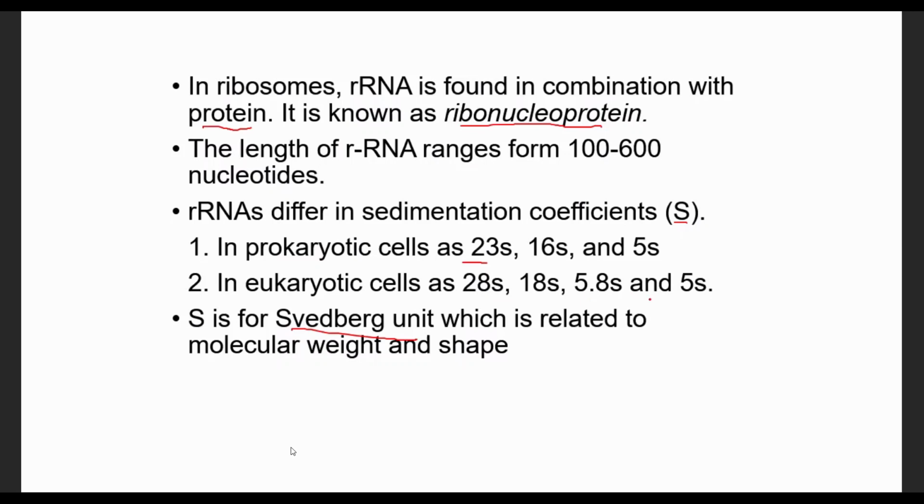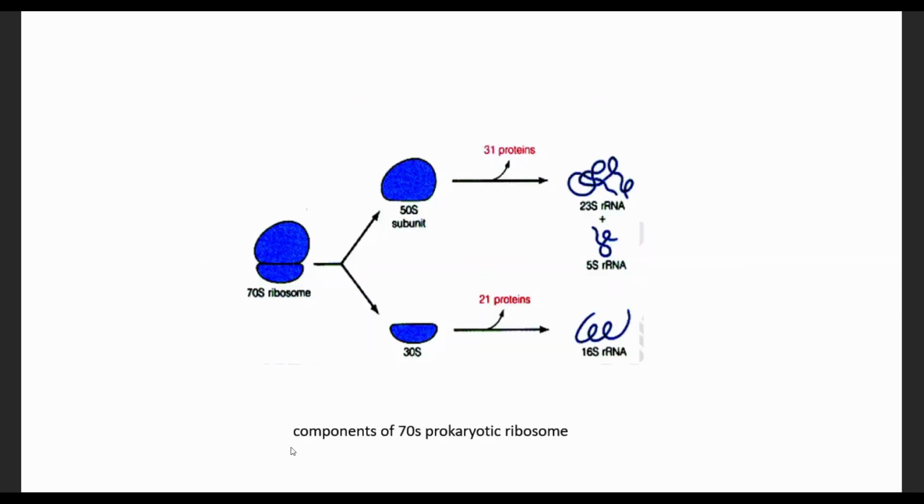The 70S ribosome is the prokaryotic ribosome. But in our case, in the eukaryotic cell, there is the 80S ribosome. It has larger and smaller subunits. In the prokaryotic ribosome, the larger subunit is 50S and the smaller subunit is 30S. The larger subunit has 31 proteins and is made by 23S and 5S ribosomal RNA.